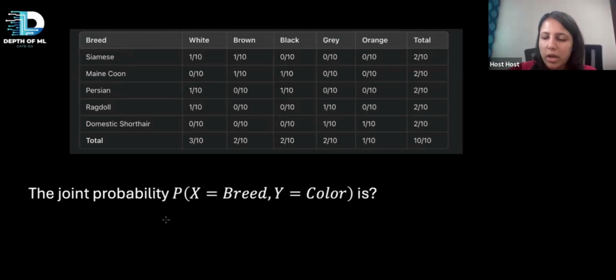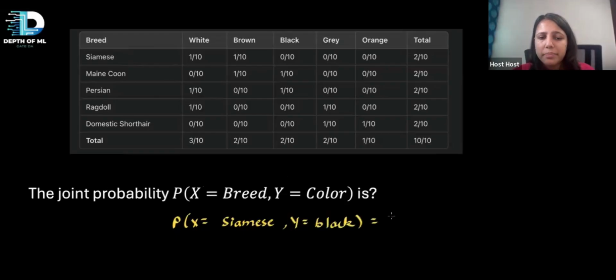Right. Okay. So this is a joint probability distribution. Now suppose I say, what is the probability of having cat X equals Siamese and color equals, say, black? I will go to Siamese, I will see black. Oh, this is 0. So X equals Siamese, this is 0.